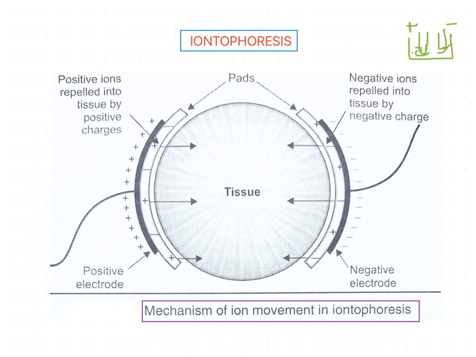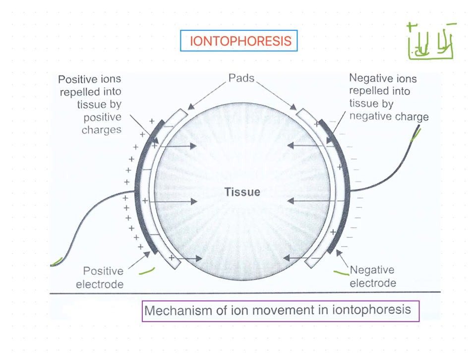A wet pad or sponge that contains the drug solution is applied over the skin and a constant direct current is passed. Here, this one is the positive electrode and this is the negative electrode, connected to a source such as a battery which produces constant direct current.